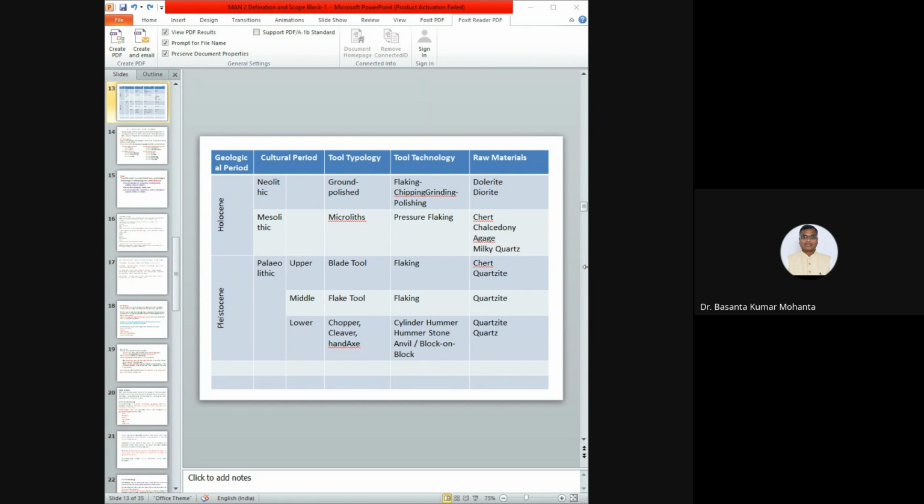So, if we study these kinds of cultural characteristic features which are still in practice by different groups of people, that helps us to understand the past culture or similar characteristic features of the past people or our prehistoric people.